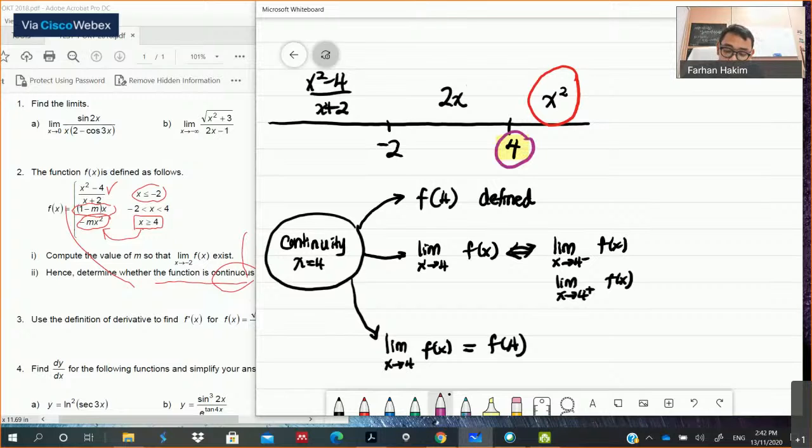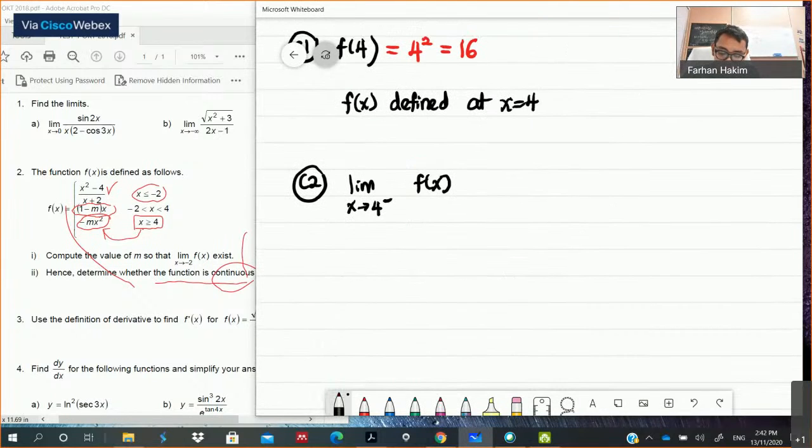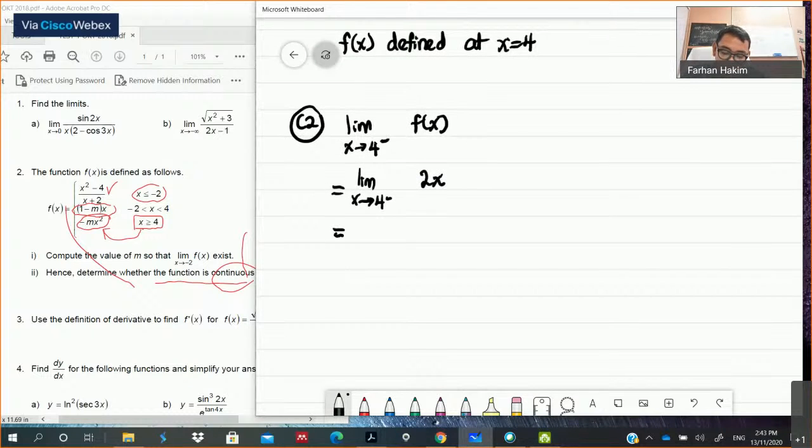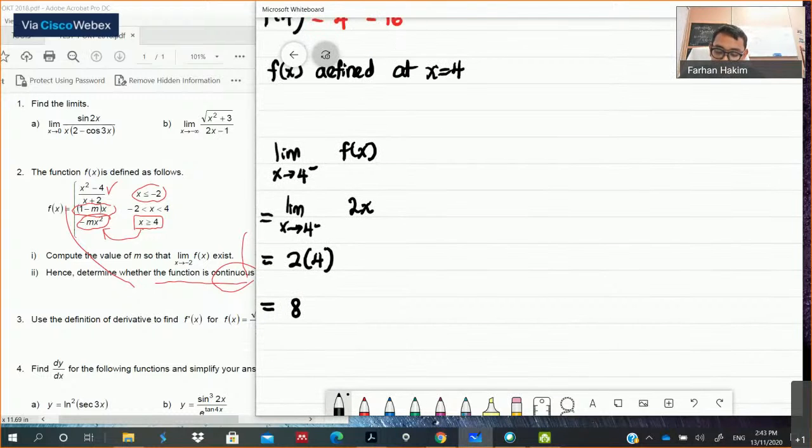Of course, this function, so we substitute inside 2x. This is finding the limit as x approaching 4 from the left of 2x. Since it can be substituted directly by 4, we have 2 multiplied by 4, which gets 8. For the next one, we want to find the limit as x approaching 4 from the right of f(x).